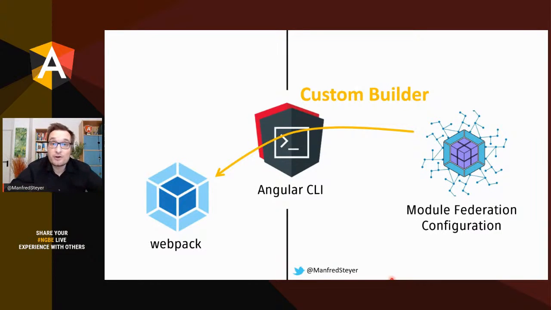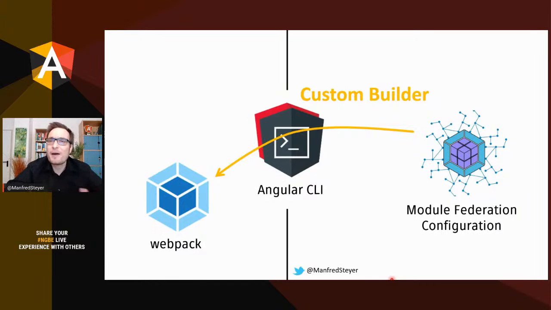And what we can do now is we could create a custom builder, which is taking the module federation config, which is passing it to Webpack underneath the covers. And then everything we need to do is to delegate to the default builder, the default builder that is always telling Angular CLI to build this or that application using Webpack.